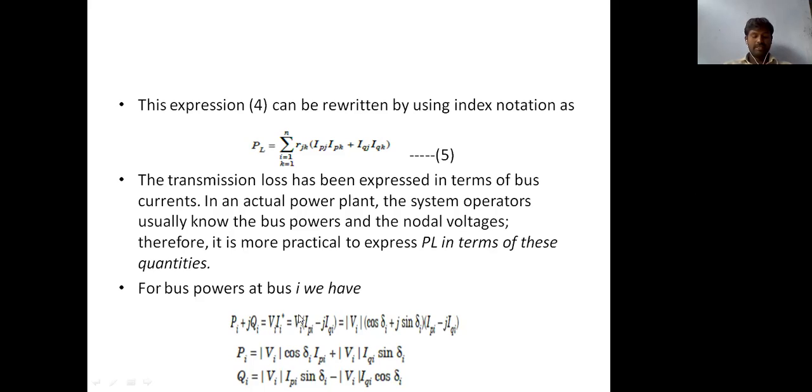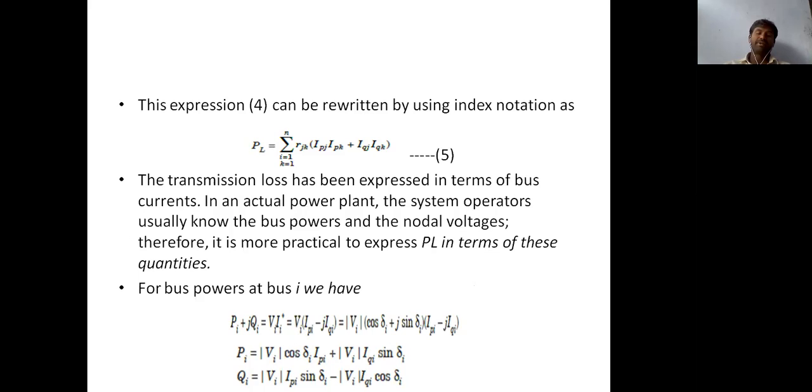Multiplying both terms and finally separating the real and imaginary terms, we get Pi equal to Vi cos delta i Ip plus Vi sin delta i Iq, and Qi equal to modulus of Vi, sin delta i Ip minus cos delta i Iq.